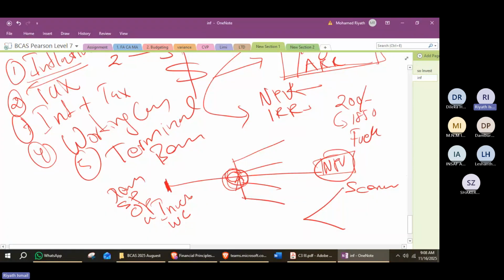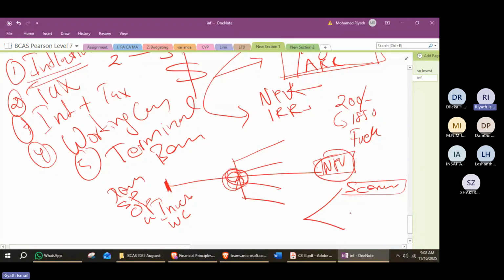Something may happen, employee strikes may happen. So the management has to consider different scenarios, and they have to test their project appraisal against the different scenarios, kind of simulations.